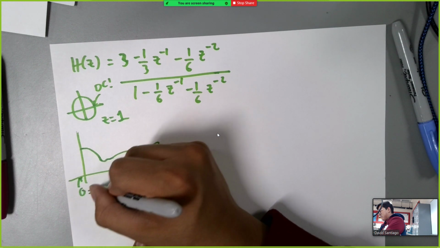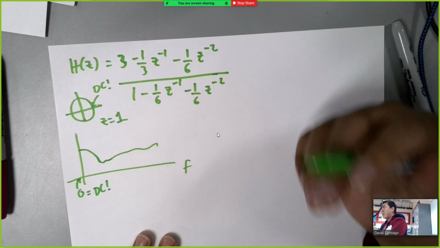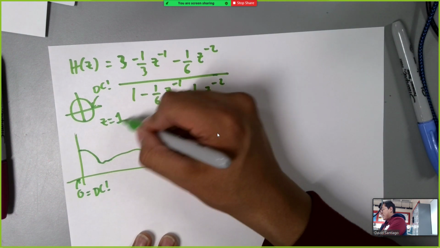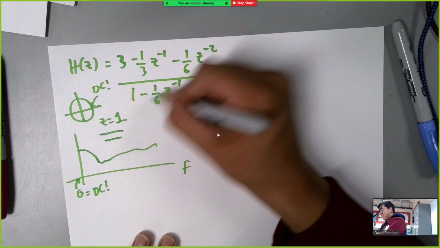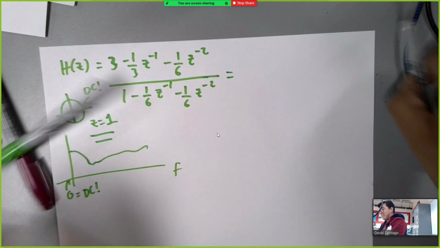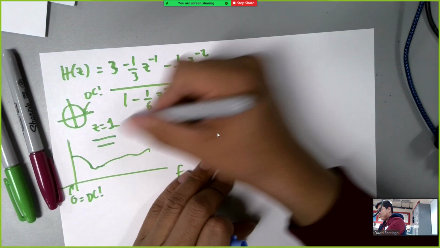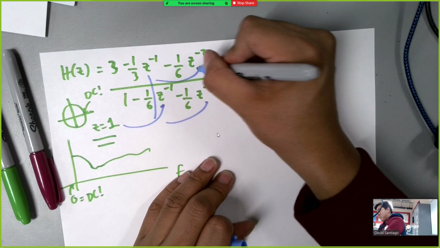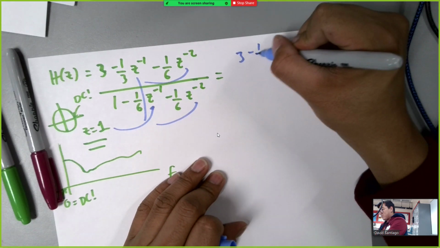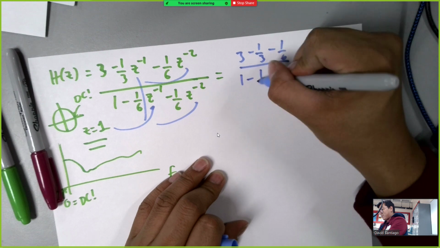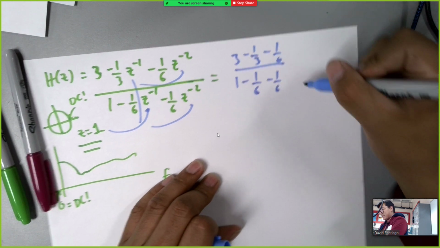So that's equal to DC, okay? So all you're gonna do is when z is equal to 1, just replace everything with 1. So that means to get the DC gain, you're gonna do the following. 1, 1, 1, and 1. 3 minus 1 over 3 minus 1 over 6 divided by 1 minus 1 over 6 minus 1 over 6.